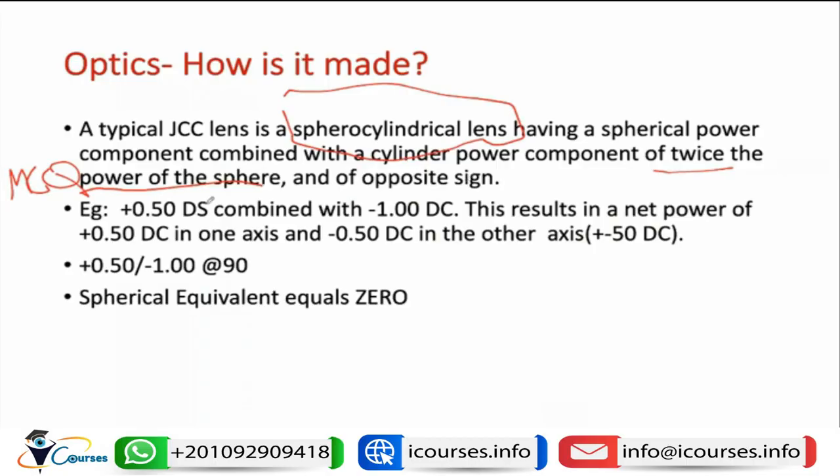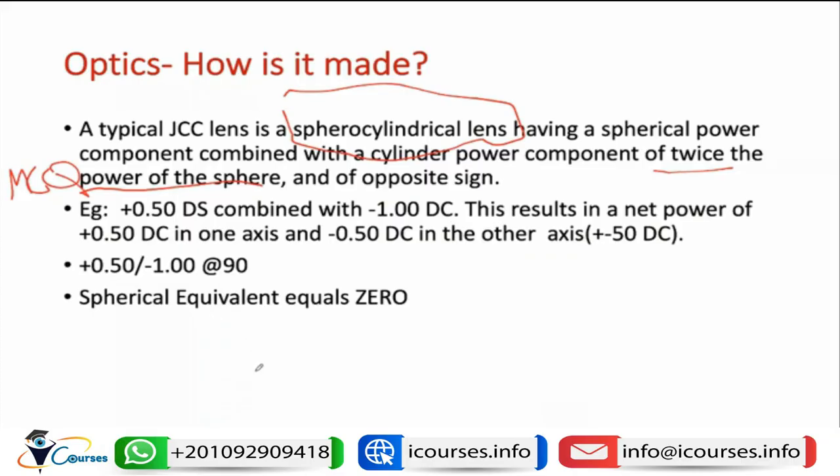Let's have an example. We have two types of the cross cylindrical lens, the 0.25 and the 0.5. Let's see one of them, which is the plus 0.5 sphere combined with minus 1 cylinder.